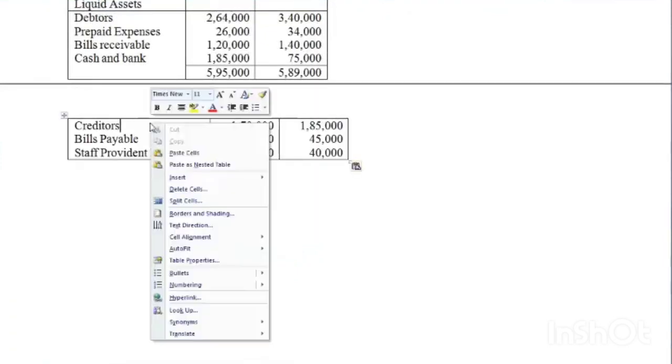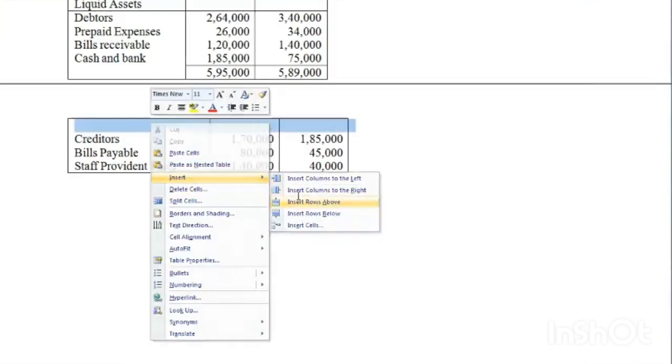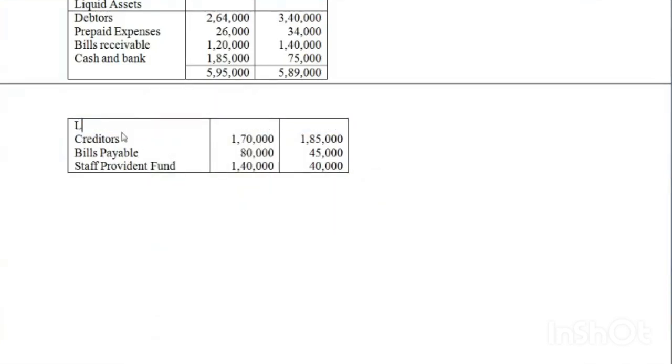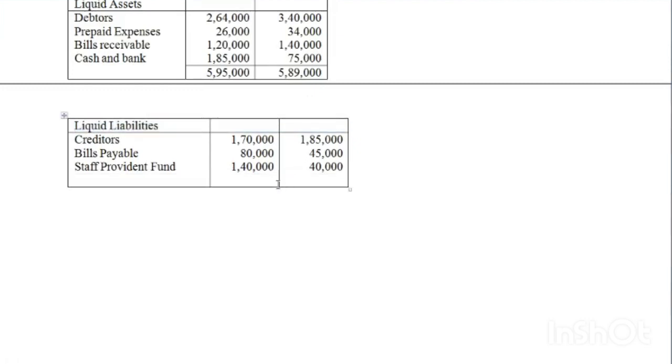So here, make the total of it. 3 lakh 90,000 is the liquid liability. Second year, 2,70,000.